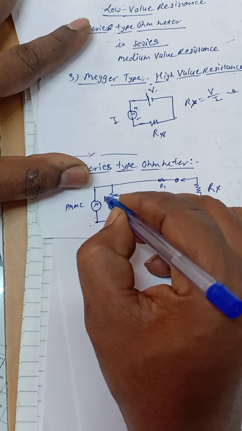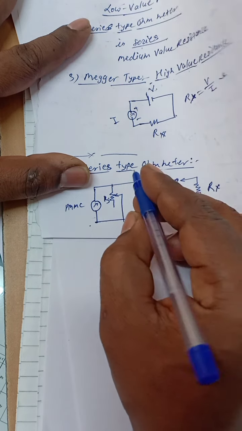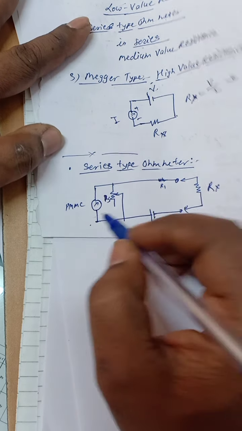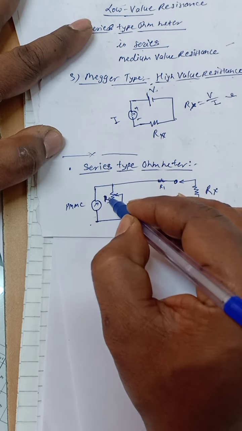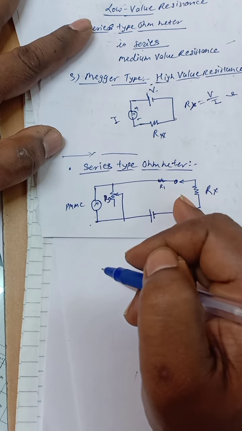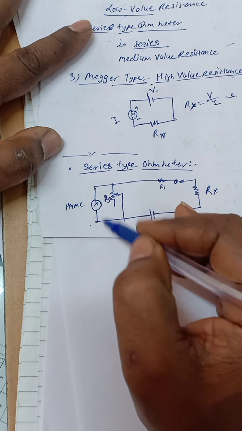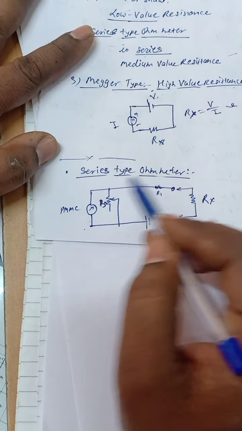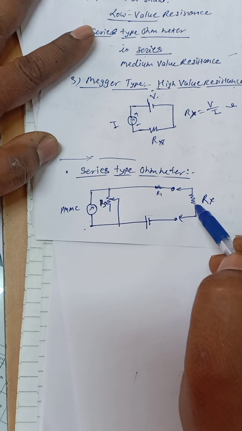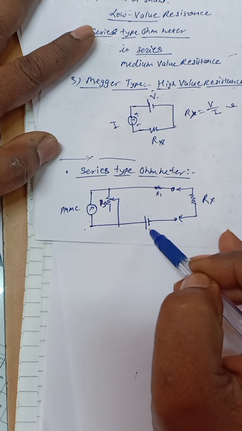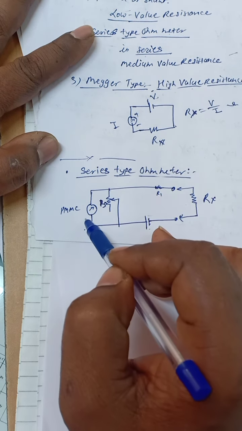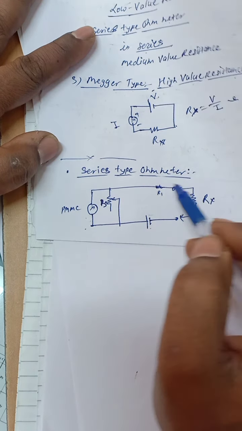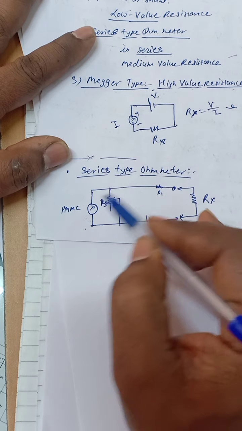This is the potentiometer which is connected in parallel, that is in shunt with the meter, so we name it RS. This potentiometer is used for zero adjustment. So this is the series type ohm meter in which the unknown resistor, the voltage source and PMMC are connected in series.